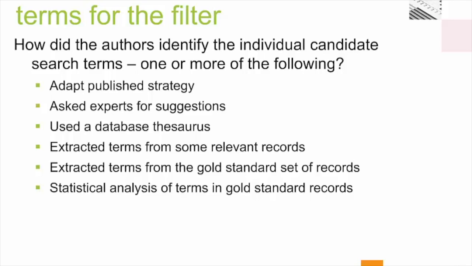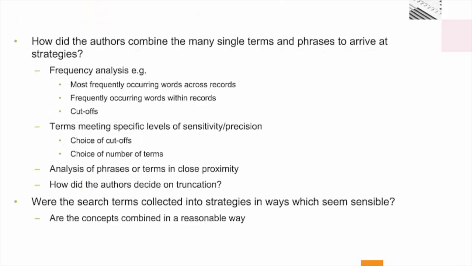So some people adapt published strategies, some people ask experts for suggested keywords, some people use database thesauri, some people extract terms from relevant records, extract terms from the gold standard, or carry out statistical analyses either of records from the gold standard or other sets of records. So there are lots of ways of identifying terms, and there's no one way that's accepted as the only way to do it.